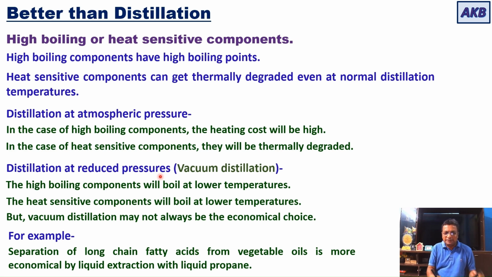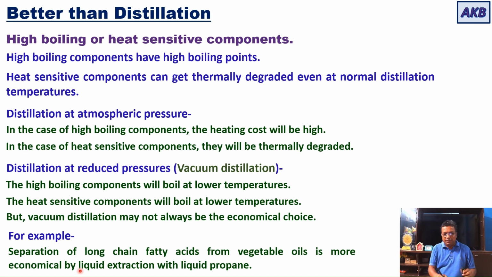What is the second application? The second application is separation of high boiling components and separation of heat sensitive components. You can use vacuum distillation, but vacuum distillation may not always be the economical choice. Some heat sensitive components may get thermally degraded even at lower temperatures. So in those cases, the better choice is liquid extraction.